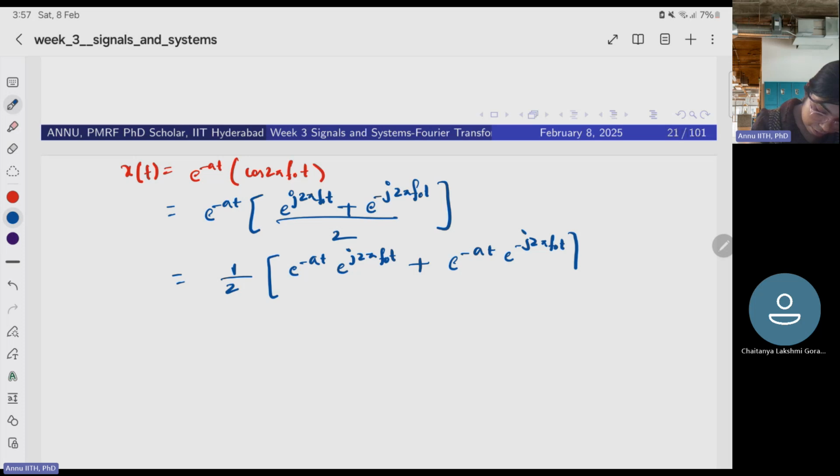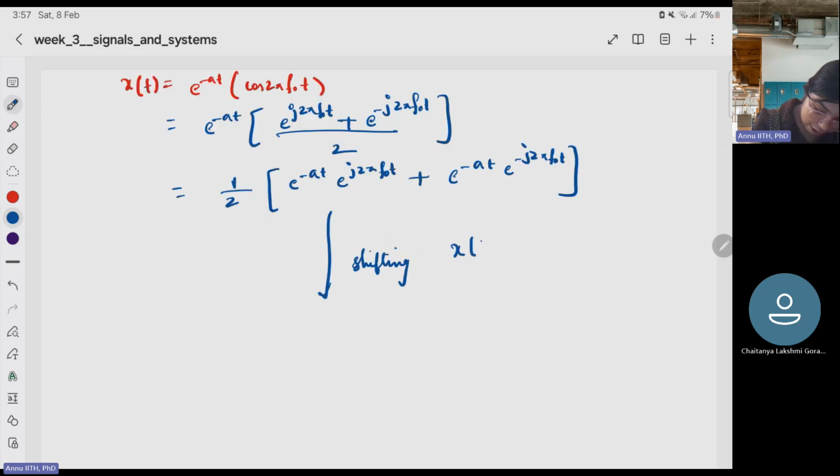By using the shifting formula, where x(t) is e^(-at) and X(f) is 1 upon a plus jω, that is 1 upon a plus j2πf.